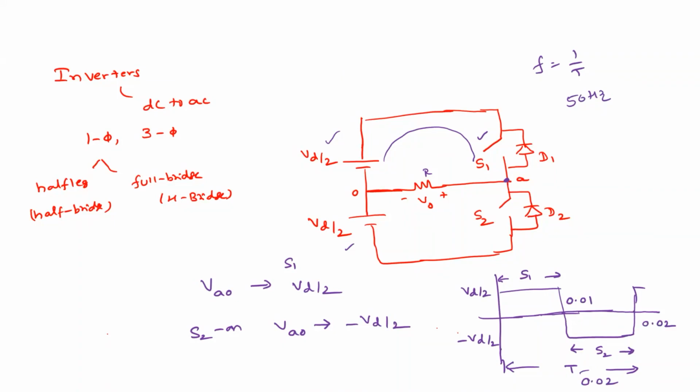Now the question is, when will these diodes be in conduction? If the load is inductive, instead of this resistive load, let us assume that we have some inductive load. So inductance is also present.